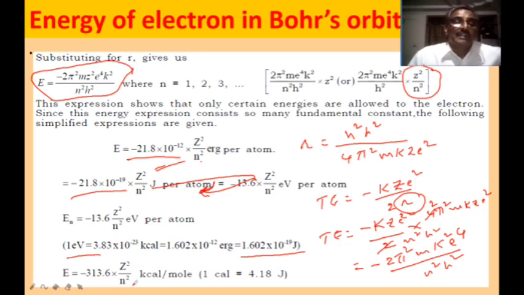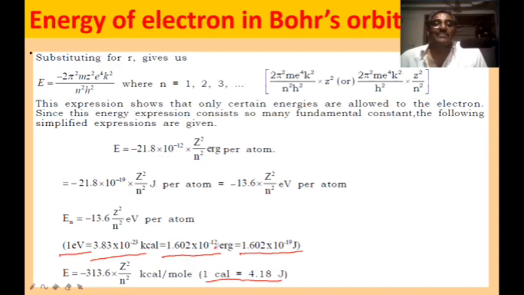If Z is equal to 1 and N is equal to 1, the energy of electron in the Bohr's first orbit is minus 21.8 into 10 to the power of minus 12 ergs, or minus 21.8 into 10 to the power of minus 19 joules per atom, or minus 13.6 electron volts per atom, or minus 313.6 kilocalories per mole. That is the energy of any of the orbits in a single electron species.